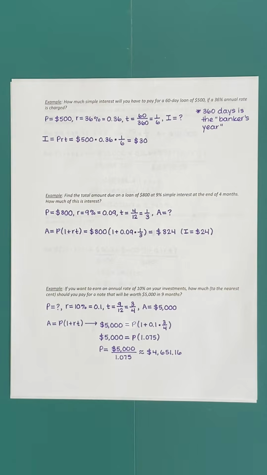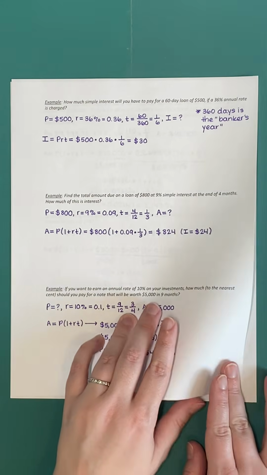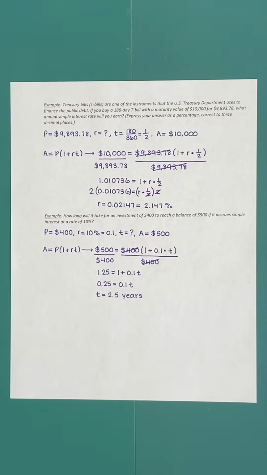Maybe you mistyped something into your calculator, maybe you didn't plug in values correctly, but that's your indication that you need to go back and check things and see what might have gone wrong, because P should always be a smaller value than A.